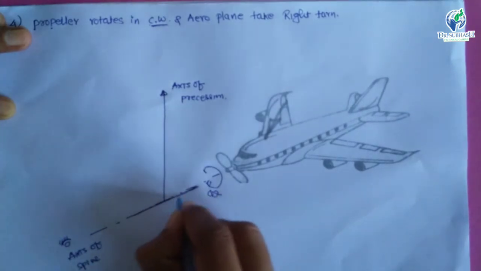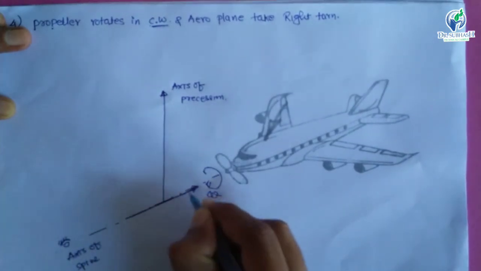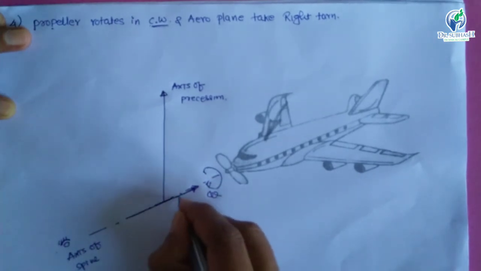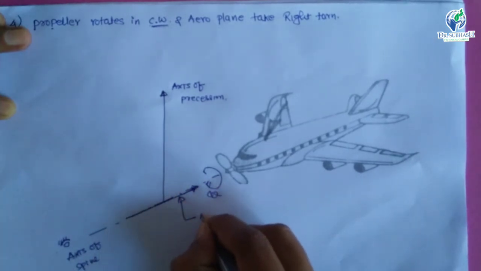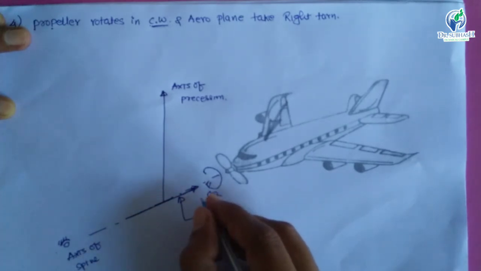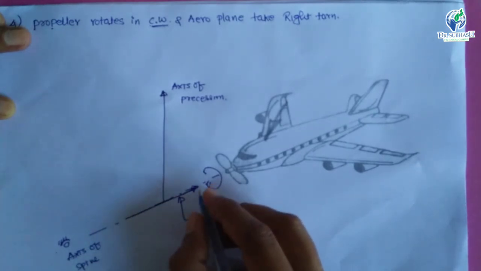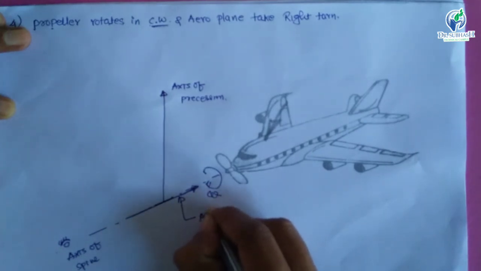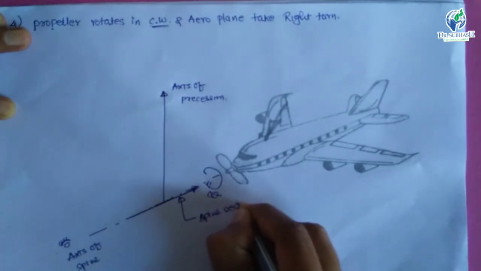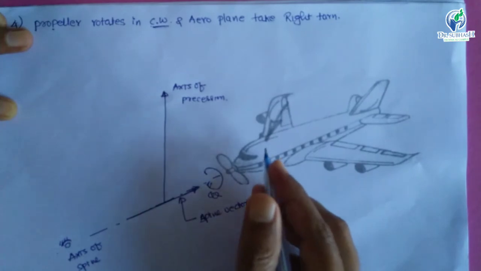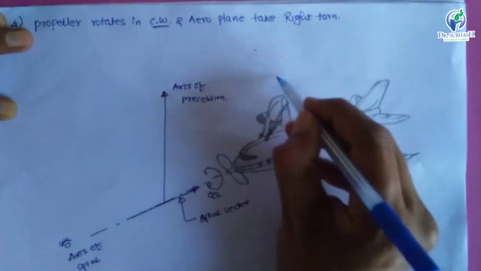Okay, so according to the right hand screw rule, this is the vector representing angular velocity of rotor. So we can say that it is a spin vector. Now our aeroplane is taking right turn.